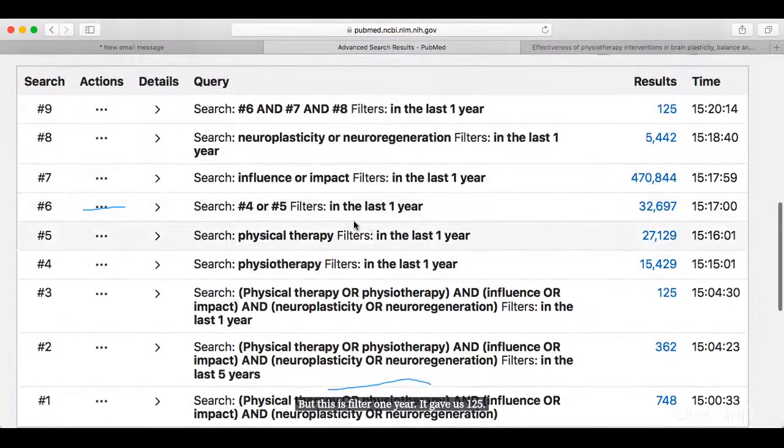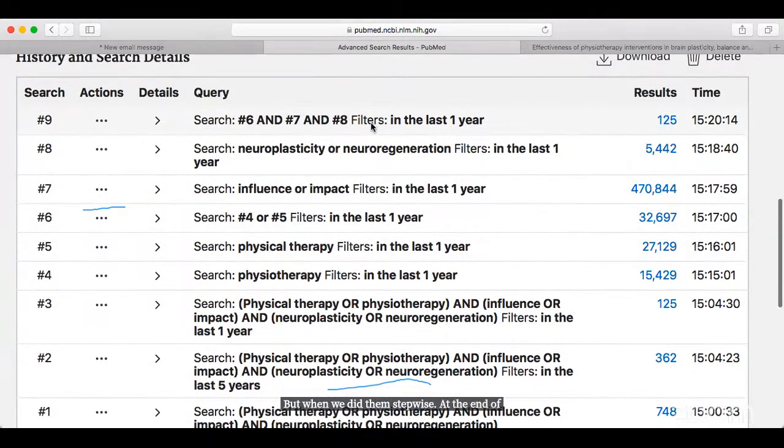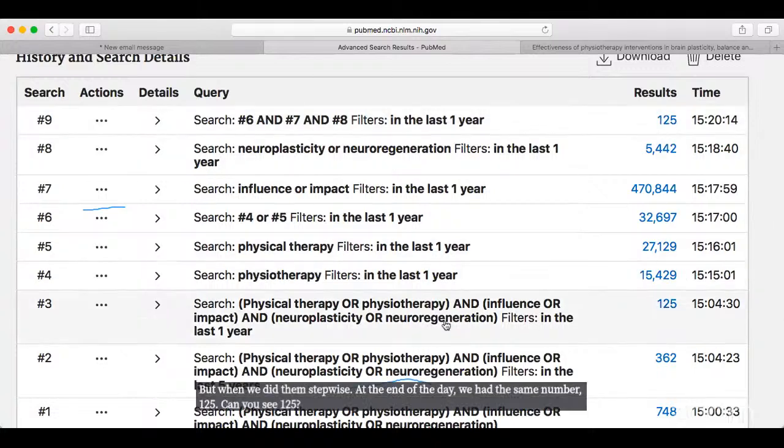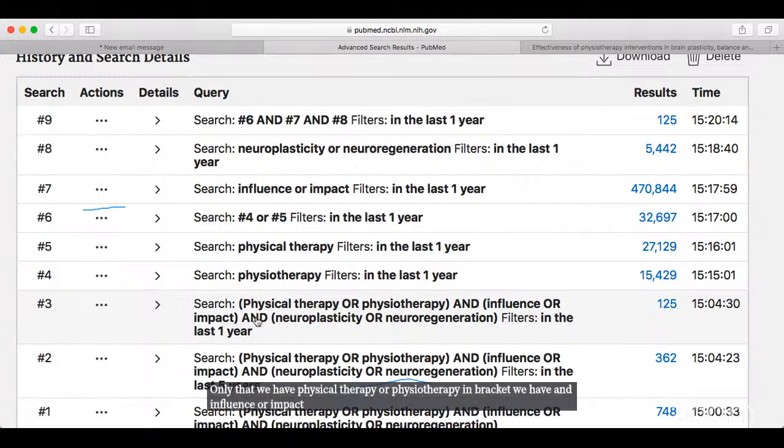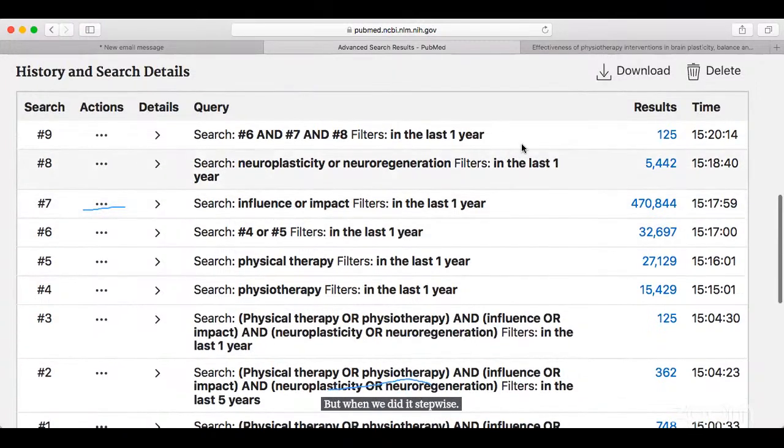But when we did them stepwise, at the end of the day, we had the same number, 125. Can you see 125 and 125? In this one, we did everything in one search, only that we have each component in brackets. At the end of the day, it gave us 125, and stepwise we came to the same number.